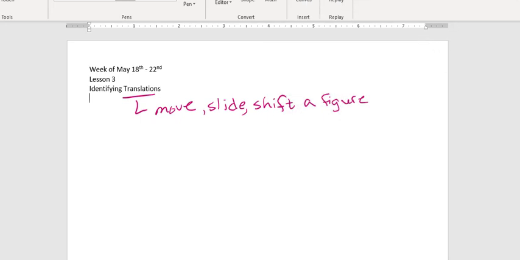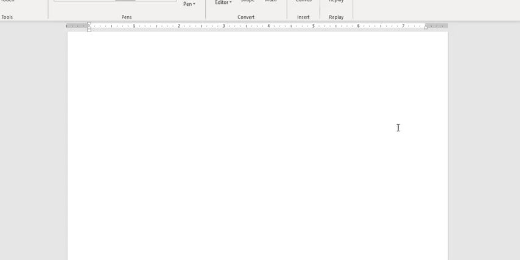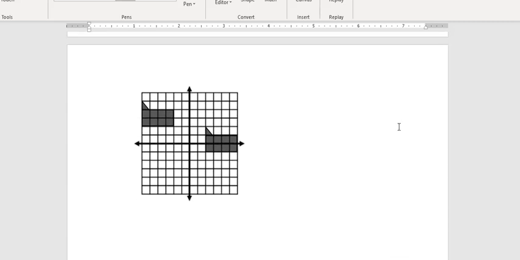As we go through this lesson, that's part of what needs to be thought about for each question. So take a look at this first picture. I'm going to say that this one right here is the pre-image, and this one right here is the image. So you might be asked what transformation occurred.